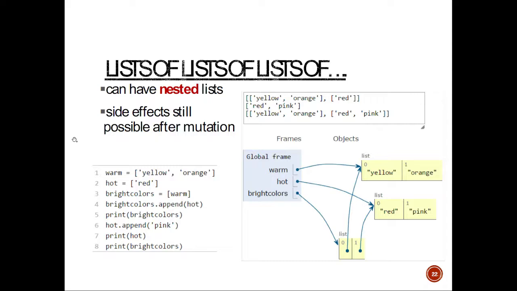As with before, we can have a tuple of tuples. We can do the same thing with lists. So you can have nested lists, and again, side effects are still possible after a mutation. So it's very important to pay attention to that.